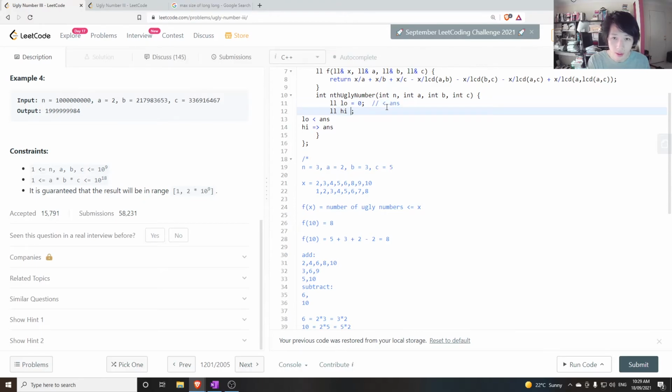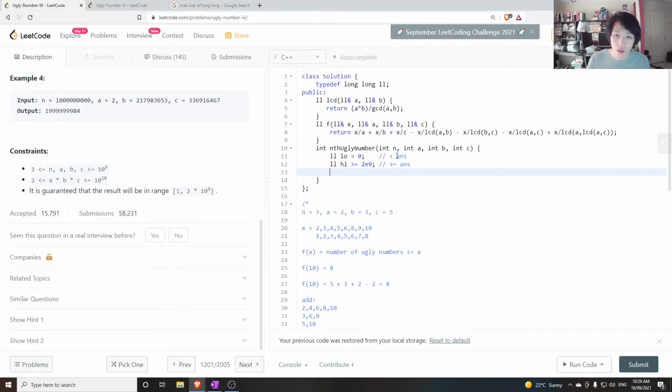And make this greater than or equal to the answer. Then I could just use the last number in the range, that's 2e9. Yeah, that's greater than or equal to the answer. All right, and now we can do a binary search.